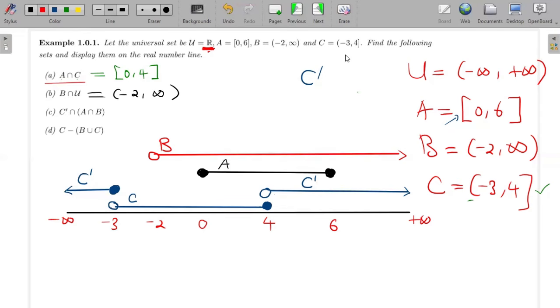A, B, C complement. So 3 things. Meaning where A is overlapping with B, as well as overlapping the C complement. Okay, so which part there? From which number to which number?